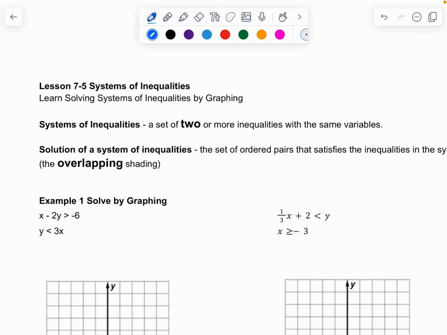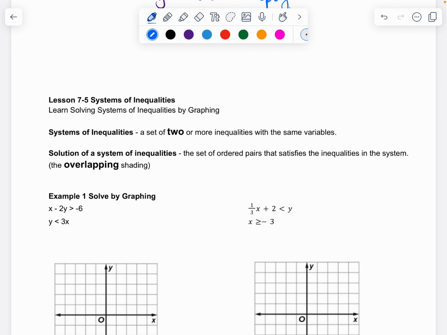Now, you did graphing inequalities before, and now you're going to be graphing a system of inequalities. So now we're going to have to do some shading.